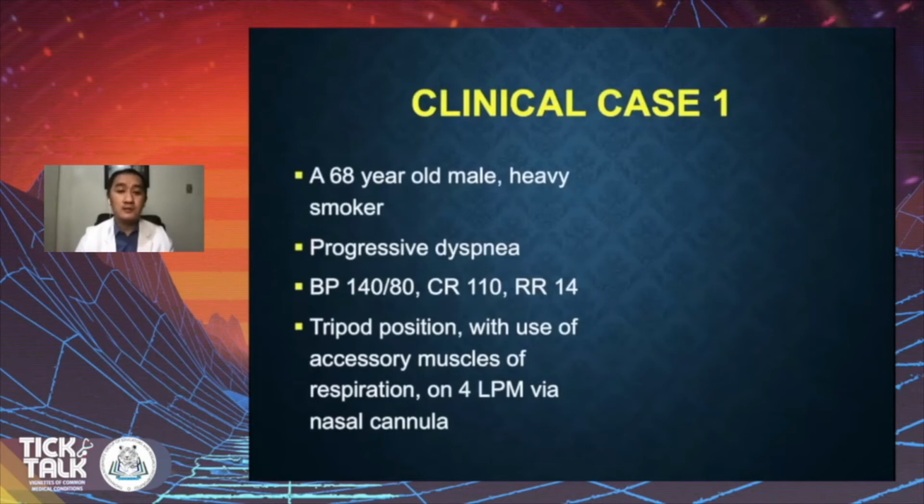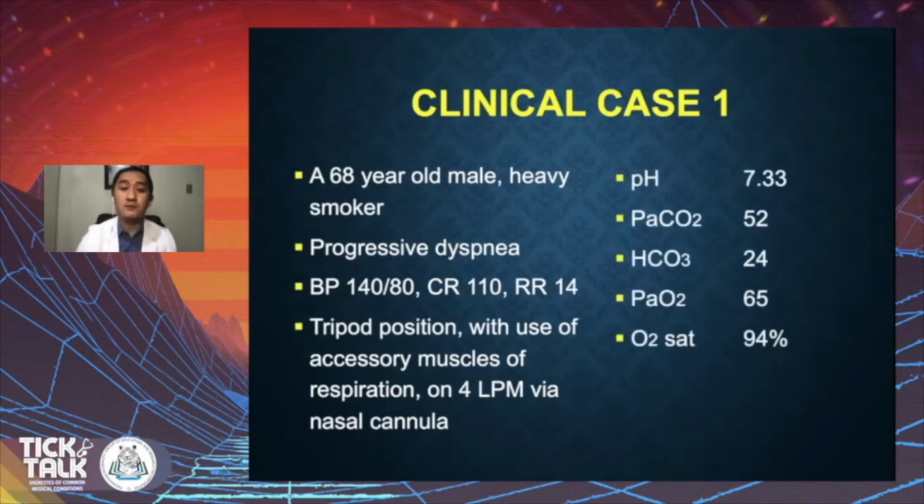So this is case 1, a 60-year-old male, heavy smoker with progressive dyspnea with a BP of 140/80, tachycardic at 110, in tripod position with use of accessory muscles, on O2 supplementation via 4 liters nasal cannula.